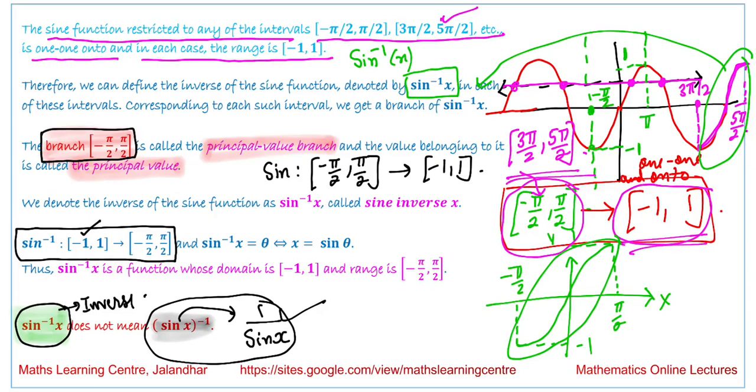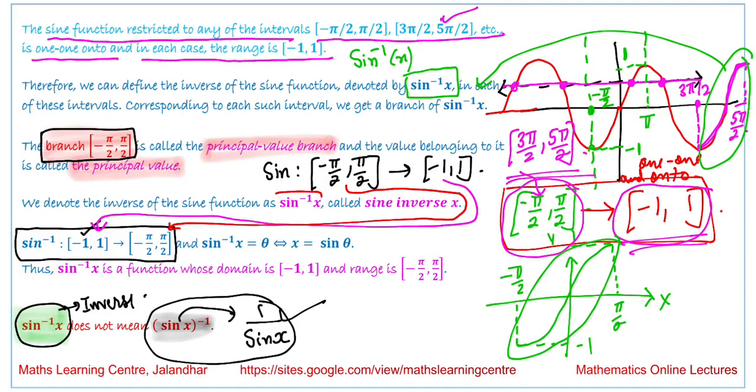Now the codomain of this becomes the domain of the inverse function, and the domain of this becomes the codomain of the inverse function. So the domain of sine inverse is from -1 to 1, and its range is minus pi by 2 to pi by 2.